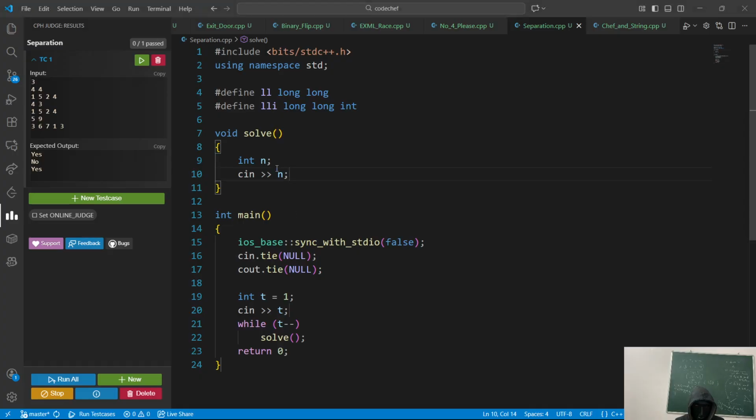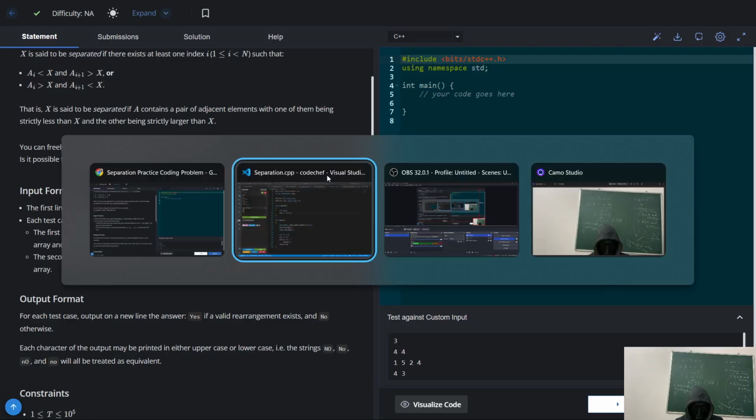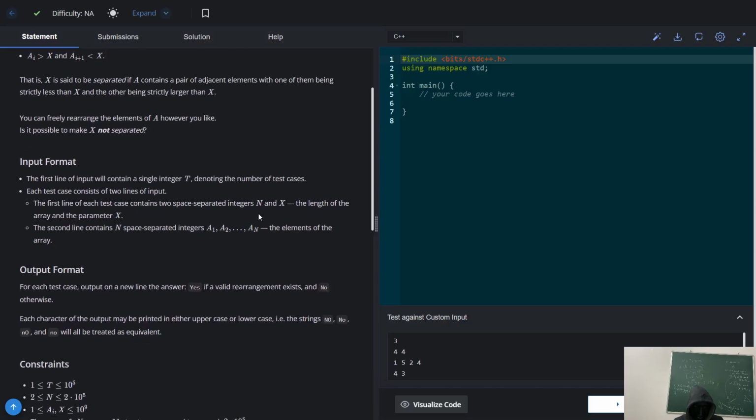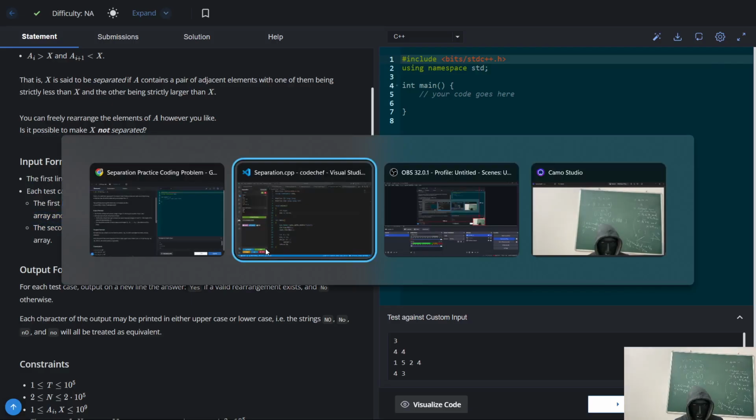For every test case we have n and x. Test cases have taken care of this portion. For every test case I'm calling the solve function, and then n and x we have. And for every test case, in the second line we have the elements.